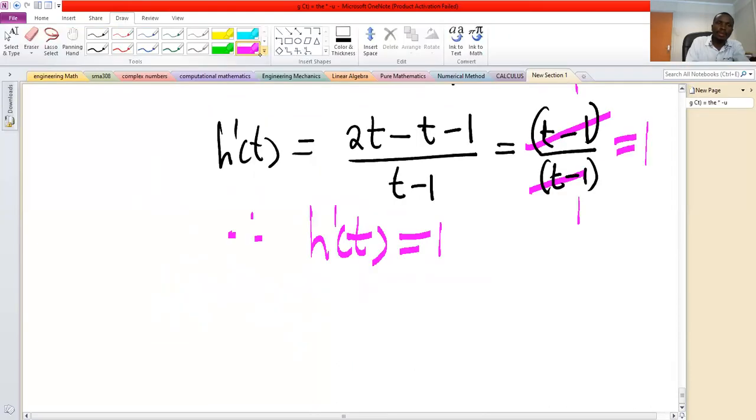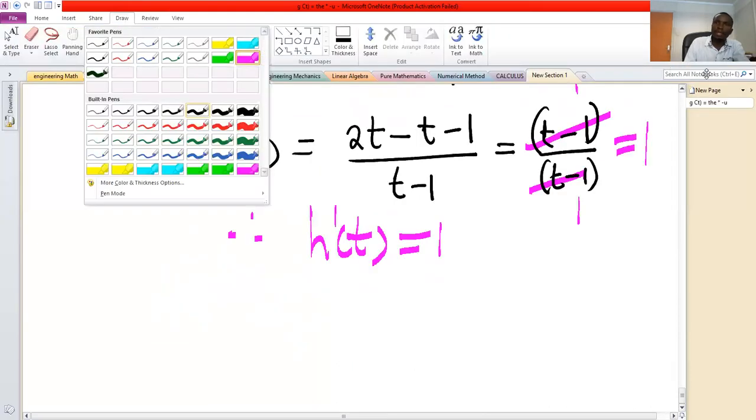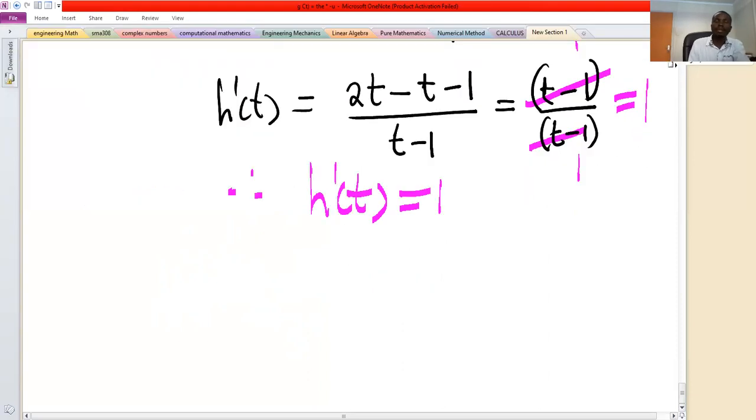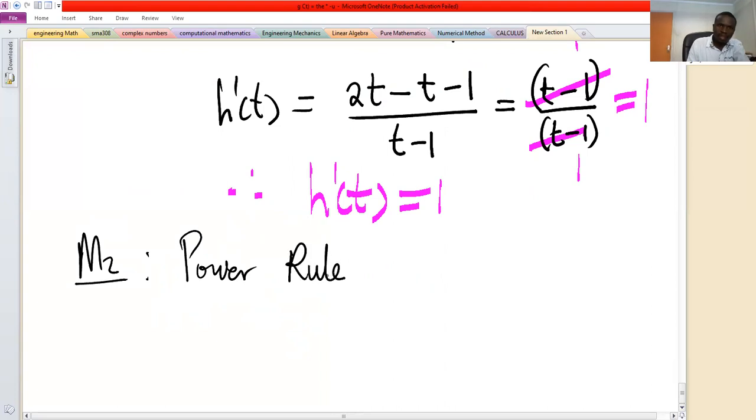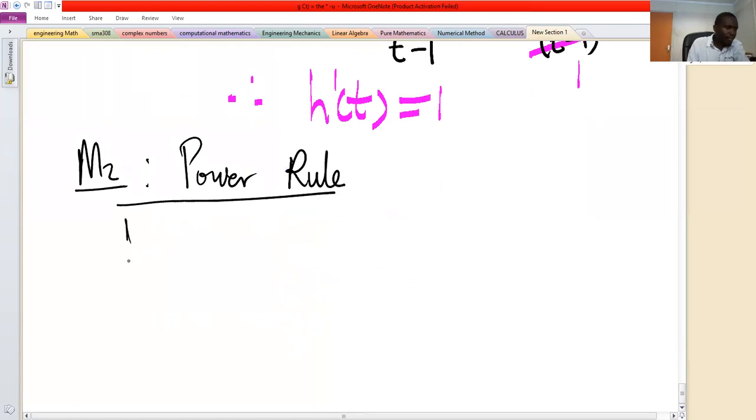Method 2, we need to use power rule. Power rule requires that we simplify the algebraic expression given. So method 2, power rule. Now, the question is h of t is t squared minus 1 over t minus 1.